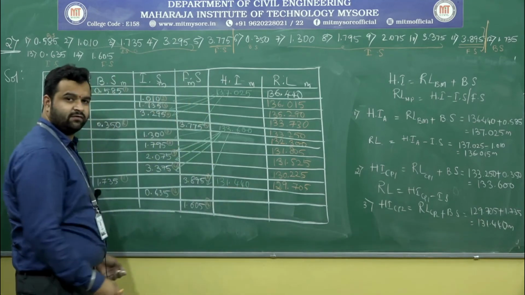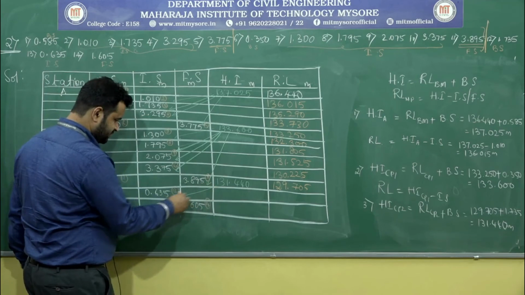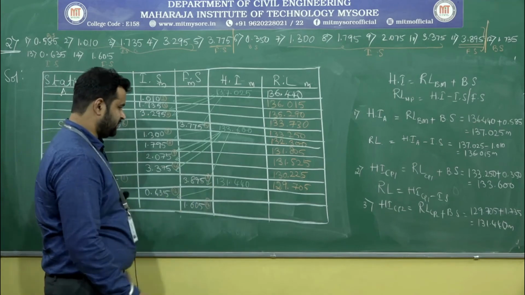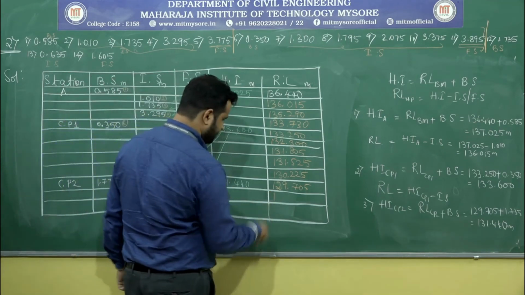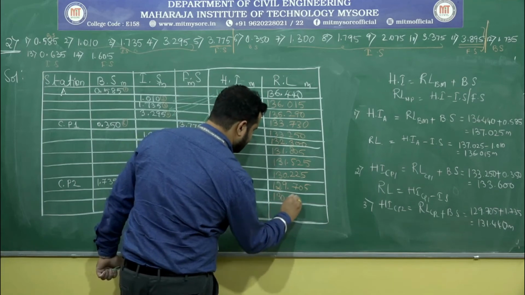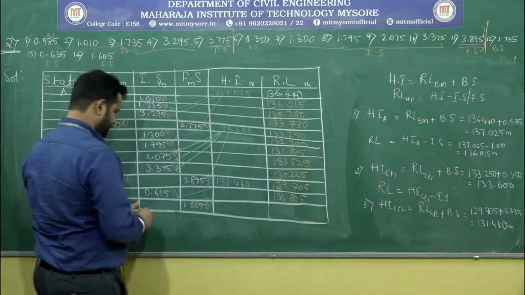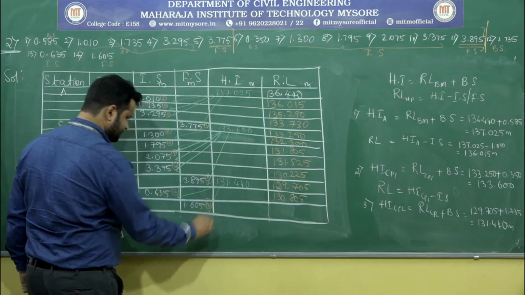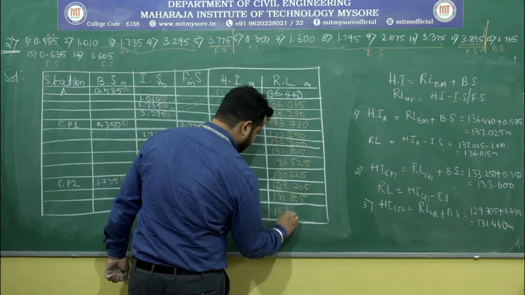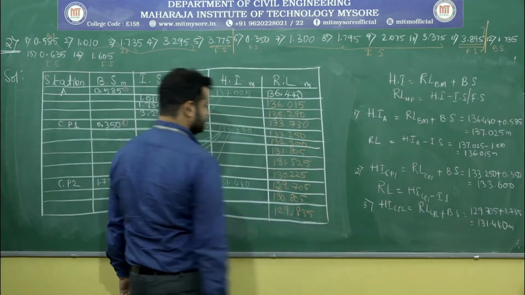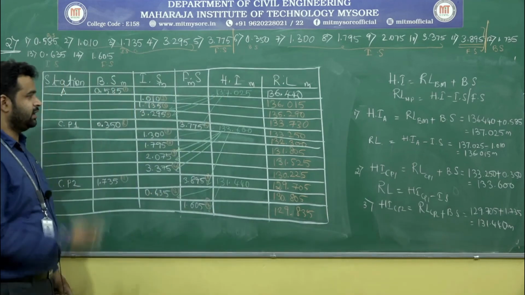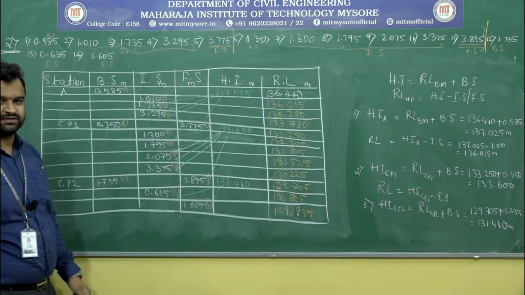To calculate the RL of the next point, just perform this minus IS, and you will get the RL of the next point, which is 130.805, and at last this minus this will give you 129.835. So this is how you calculate the RLs of the next points in the HI method.